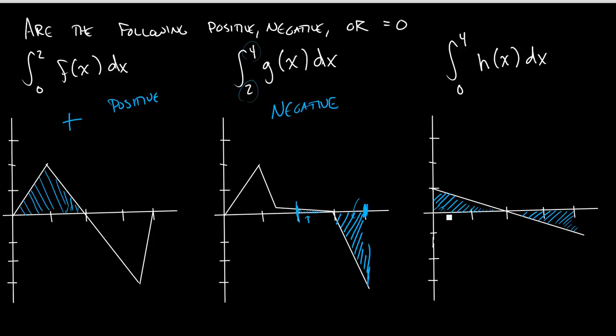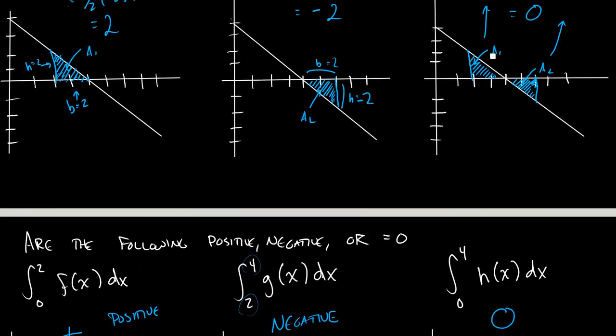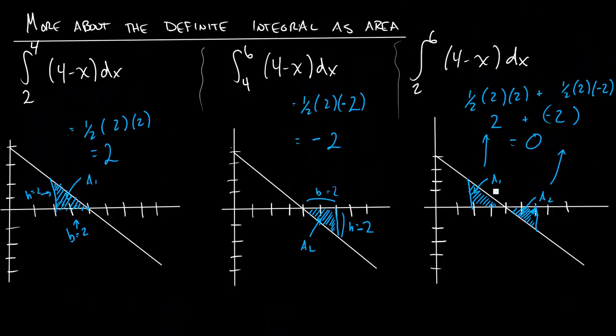So these two areas will actually perfectly cancel out. Unlike here, where we had a lot more negative area than positive area, here we have the same amounts of positive and negative area. So this one will be 0, just like our example above, right? We had two areas that canceled out. So the thing to remember is when you're below the x-axis, you can have negative area.